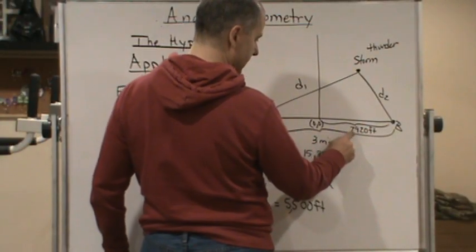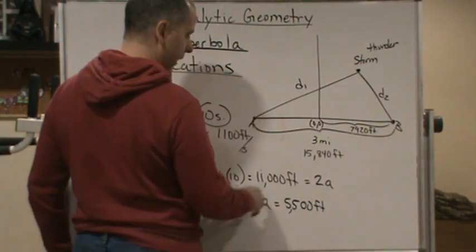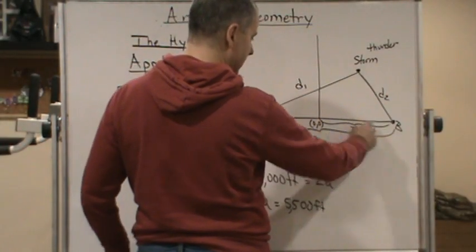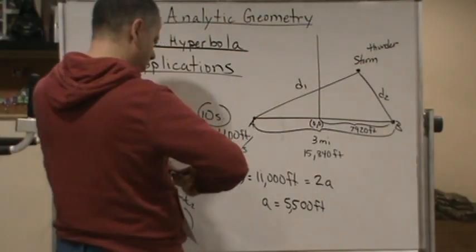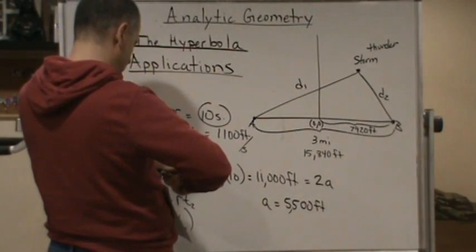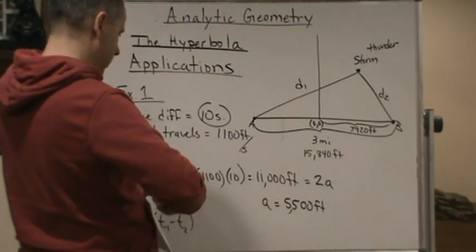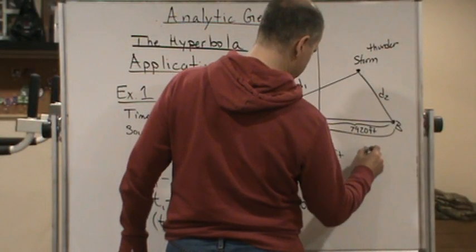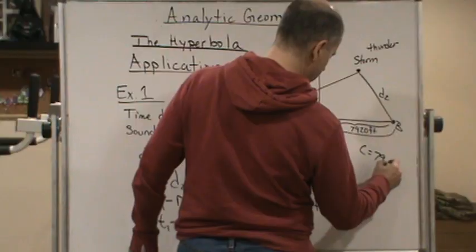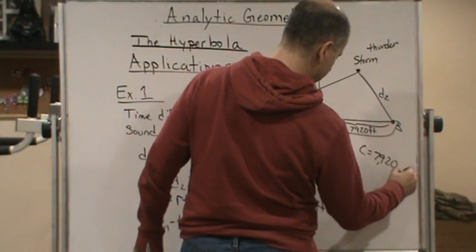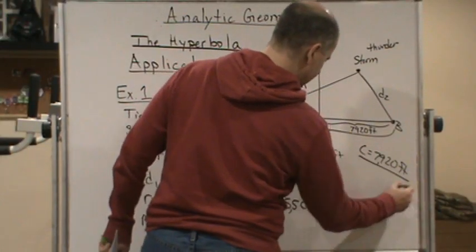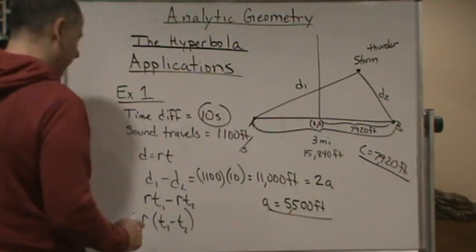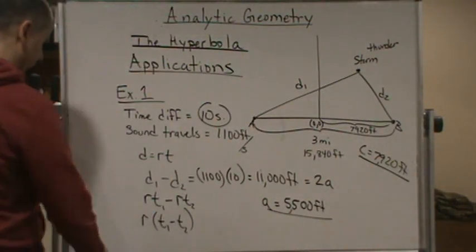We know that that is 7920, right? It's half of this. And so that is also our c value. So c is equal to 7920 feet, okay? So we know c, we know a, now we just need to find b.